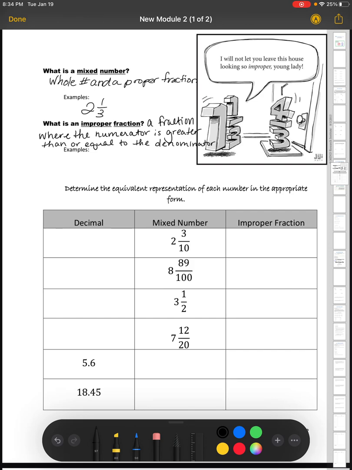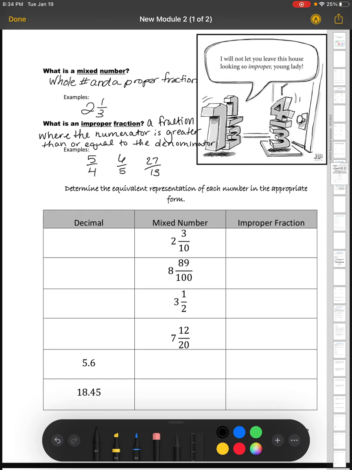So pretty much, to put it in basic terms, the top number is bigger than the bottom number. So for example, 5/4, 6/5, 27/13, anything like that, just where that top number is bigger.